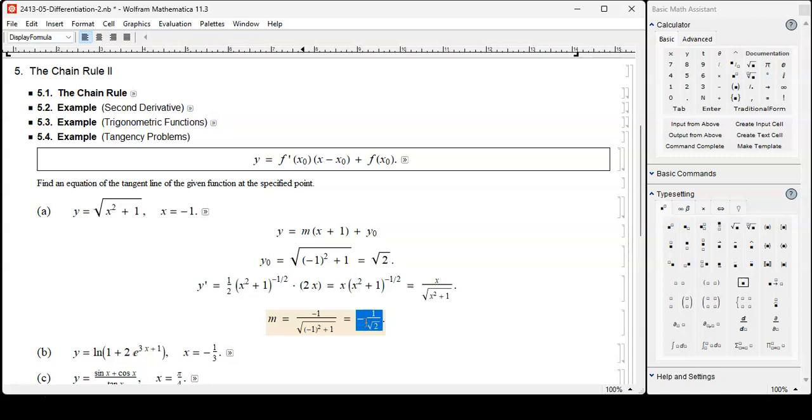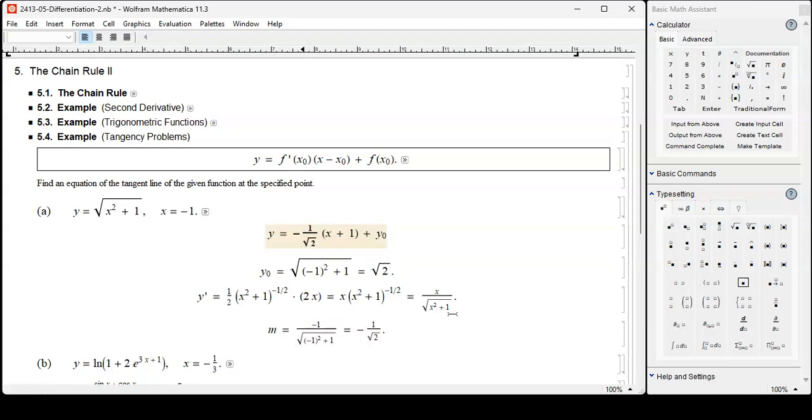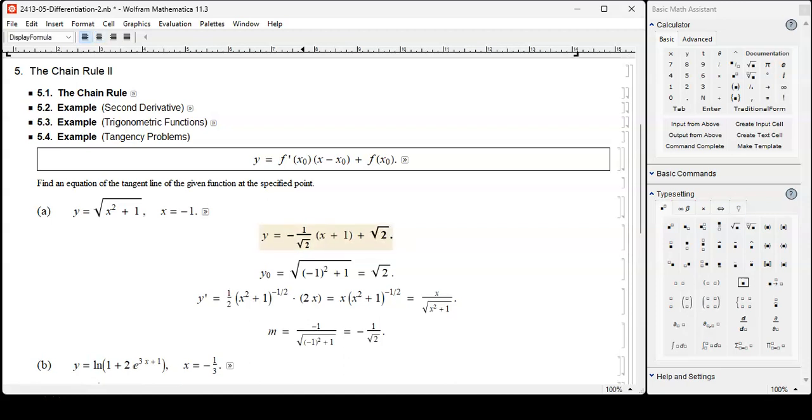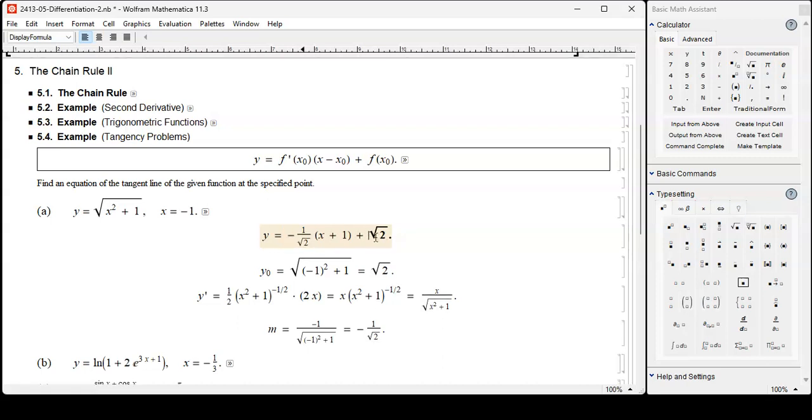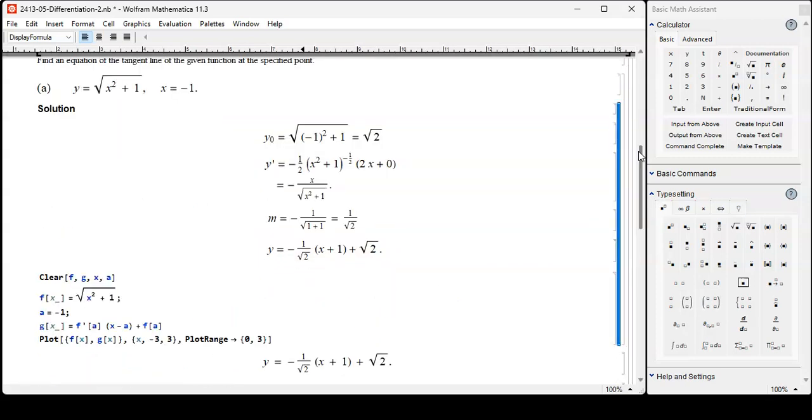So the answer is, plug this one here, and then plug this one here. Solution: plug it in, square root of 2.